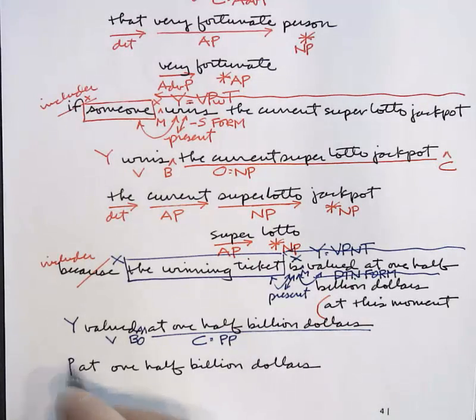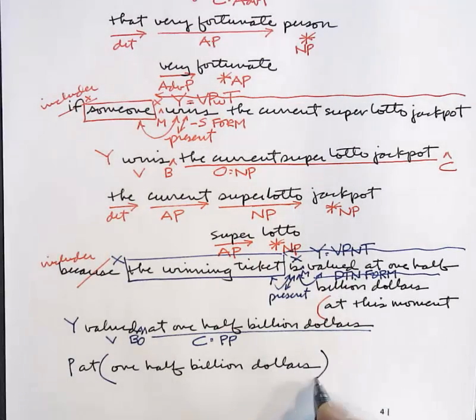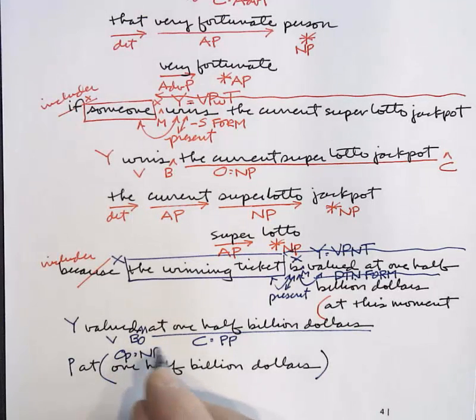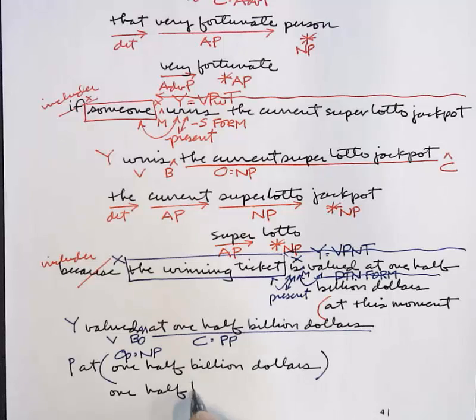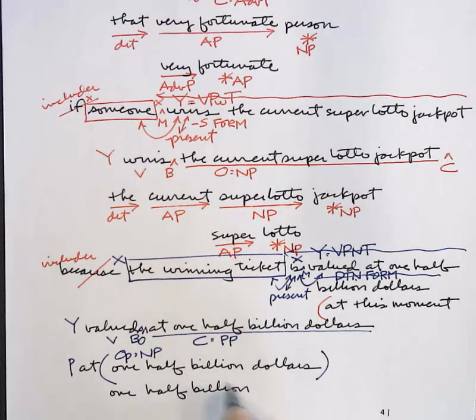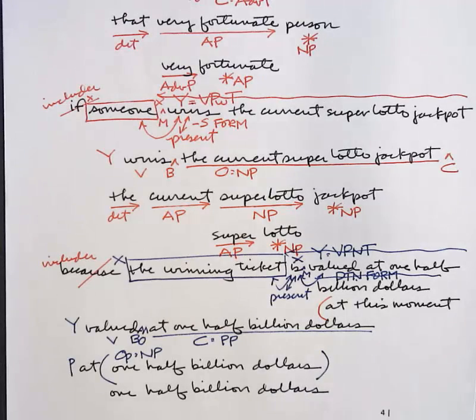At is the preposition. The object of the preposition is a noun phrase. Half a billion dollars, and dollars is the head. That's our noun phrase.